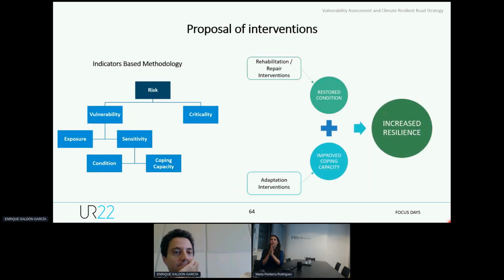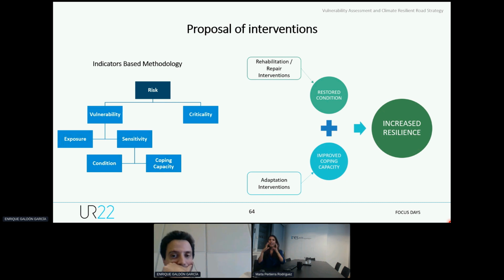as we have an indicator-based methodology, we are not going to have only the final risk of an asset. We are going to have all intermediate indicators. So we can run different analyses at different levels, but we can also understand where the risk is coming from. Is it coming from a very high exposure? Is it coming from a high sensitivity? And is that sensitivity due to a very low coping capacity or a very low condition?